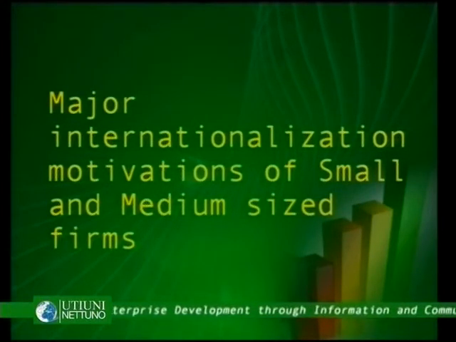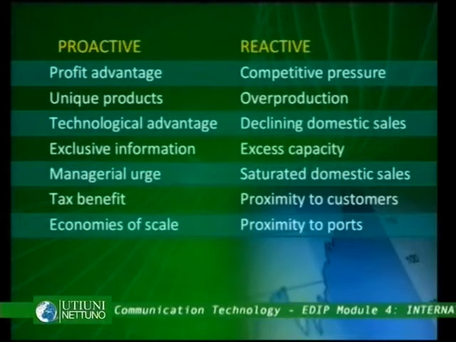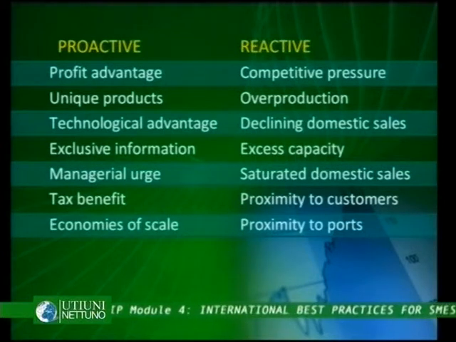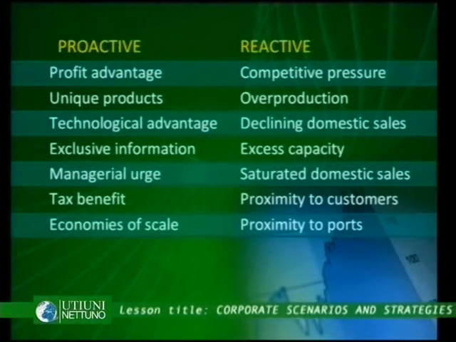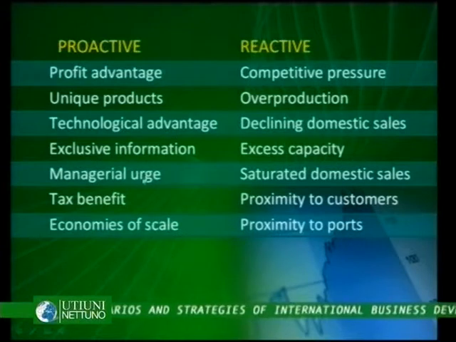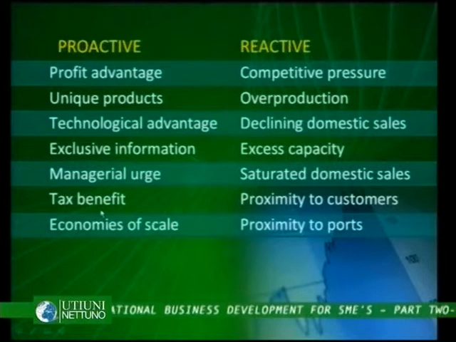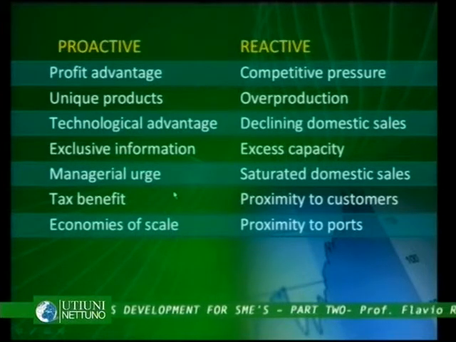Major internationalization motivation for small and medium-sized firms. We have two main categories, the proactive firms and the reactive firms. For those belonging to the proactive category, we have profit advantages, unique products, technological advantage, exclusive information, managerial urge, tax benefit, economies of scale.